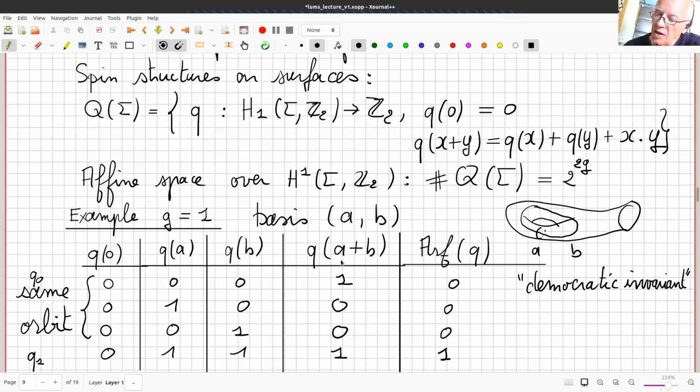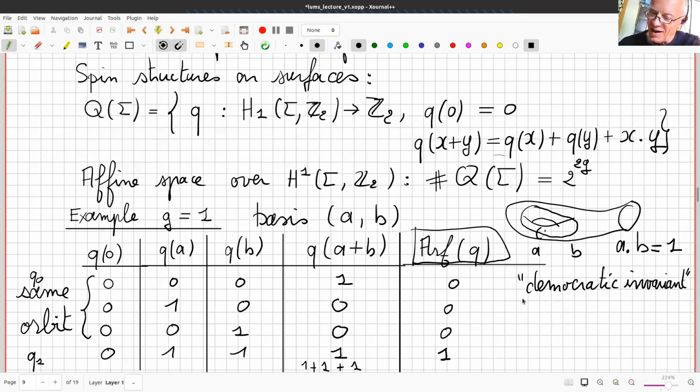And because a dot b equals 1, here you have one intersection point. If you start with 0, 0 and apply this formula, you get 1. If you start with 1, 0, then you get 0. And if you take 1, 1, then you get 1 plus the intersection. So you have here this half invariant, which summarizes the situation.